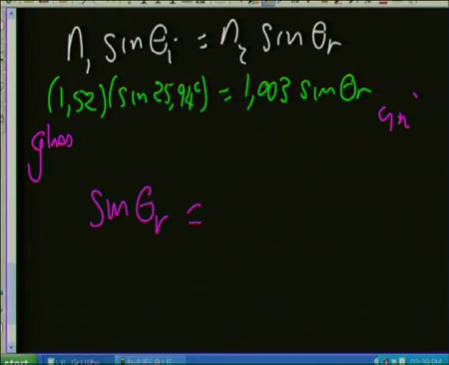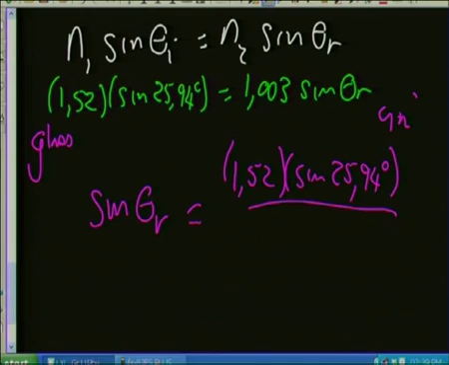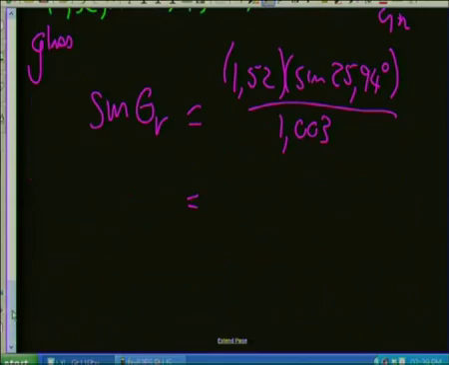We're going to change the subject of the formula: 1,52 times sine of 25,94 degrees, and we're then going to divide that by 1,003. Let's see where we go.